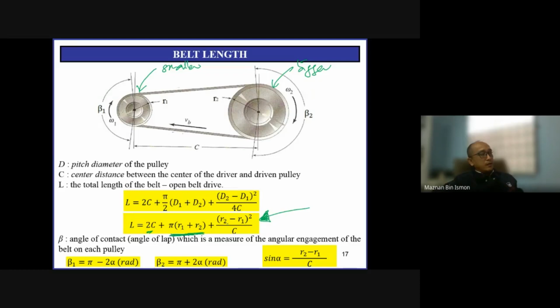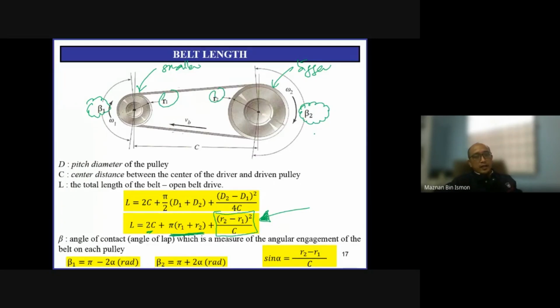Okay. And then you need to add another formula over here. Let's say this is R1, this is R2. If you look at the top left over here, beta 1, and then this one is angle beta 2.